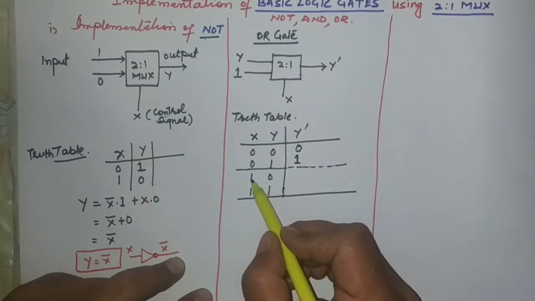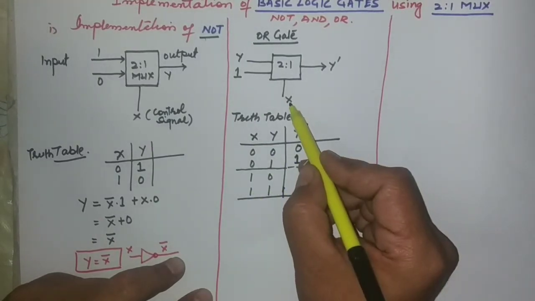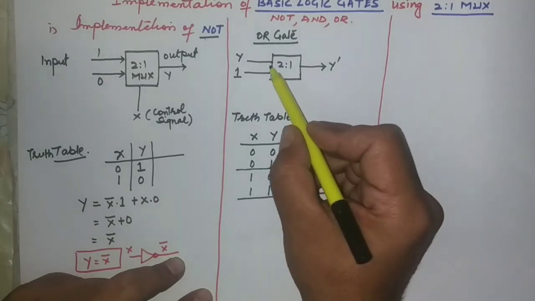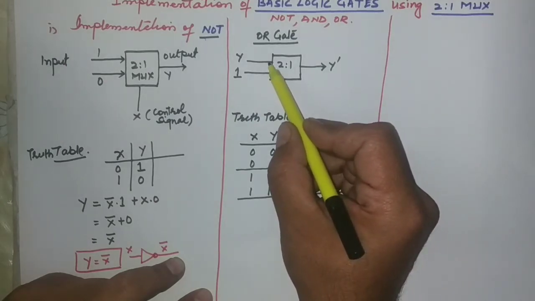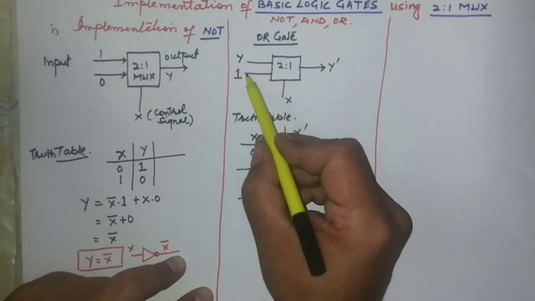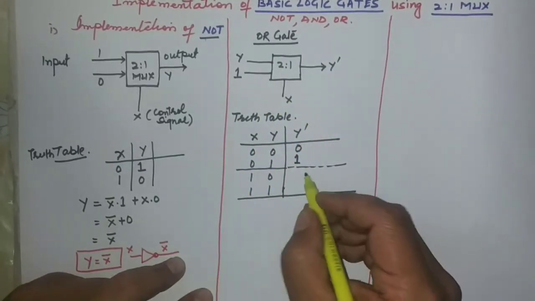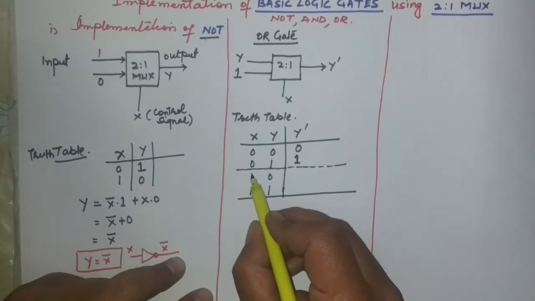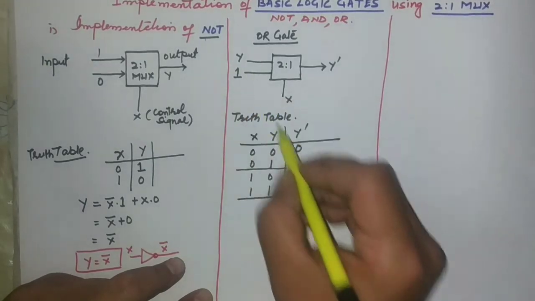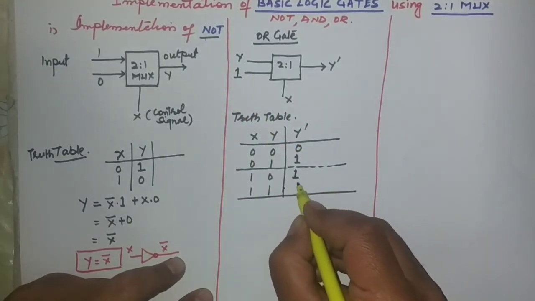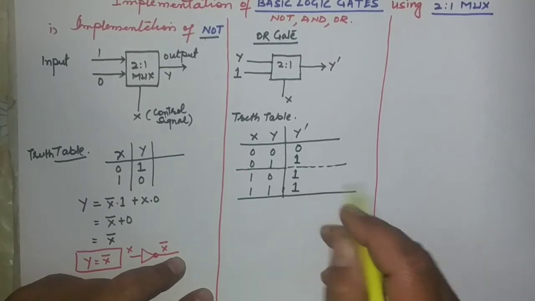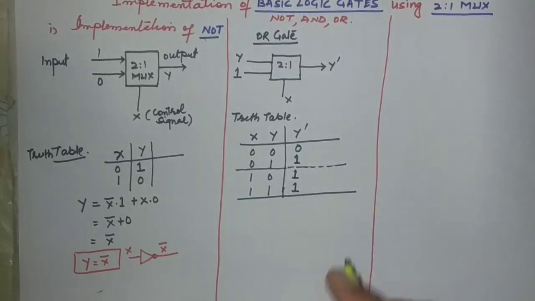When X is equal to 1, what is the value of Y? It never matters, because this 1 will be directed as output. So when X is equal to 1, the second input, means 1, will be directed as output.